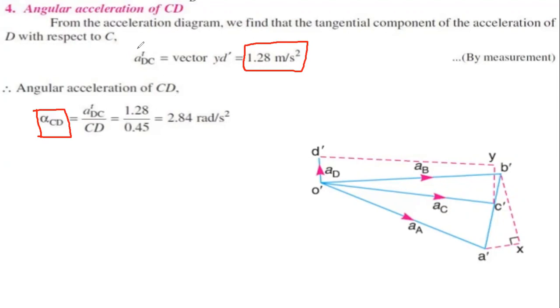So tangential component of the acceleration dc is taken as 1.28 meters per second square, and the length of cd in the space diagram is 0.45. So the total value obtained is 2.84 radians per second square. So this is the obtained value for the angular acceleration of line CD.